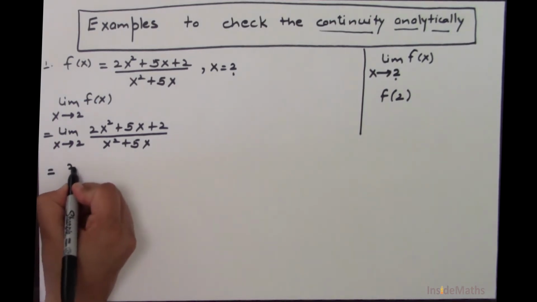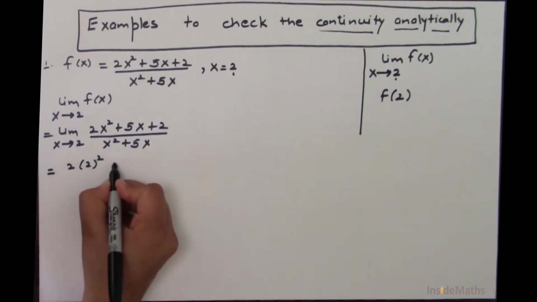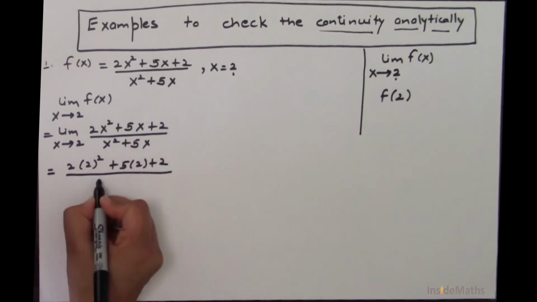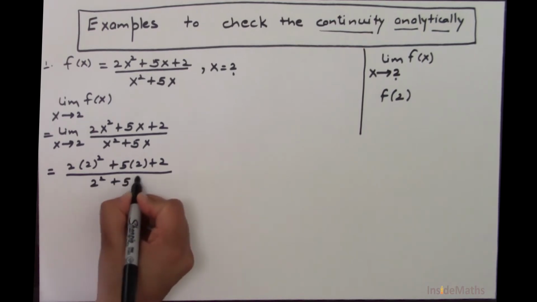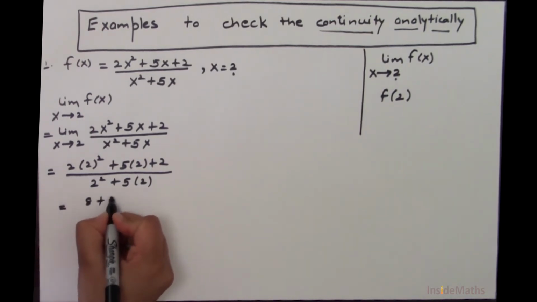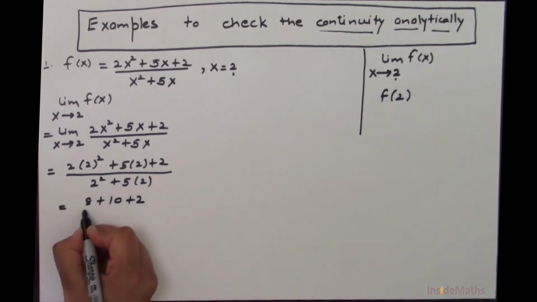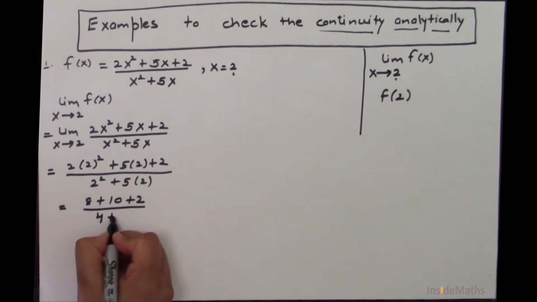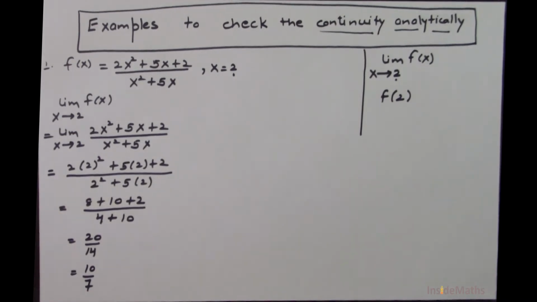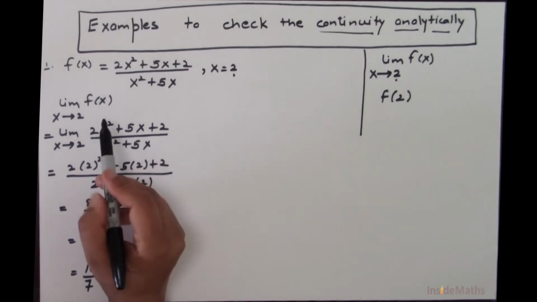So what do I get? 2 square plus 5 into 2 plus 2 divided by 2 square plus 5 into 2. So we get 4 plus 10 plus 2 divided by 4 plus 10, which is equal to 16 divided by 14. Now this means the limit of this function exists.